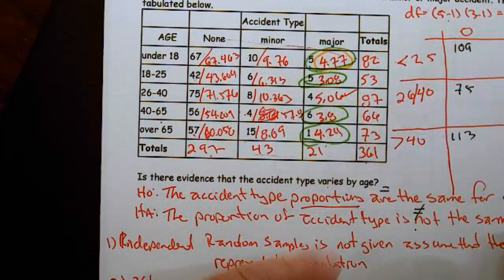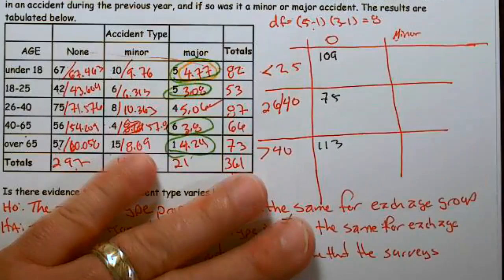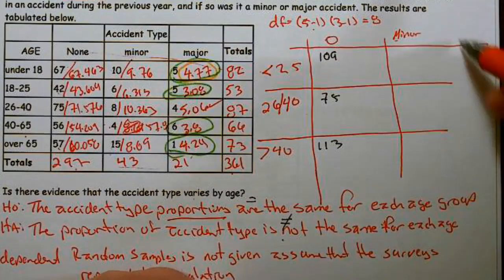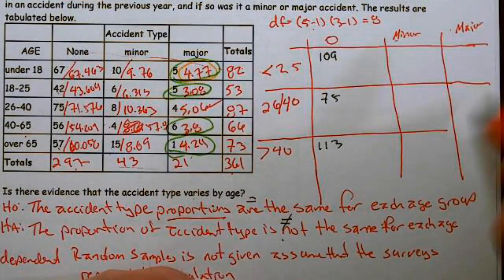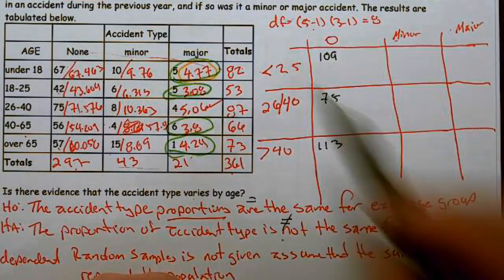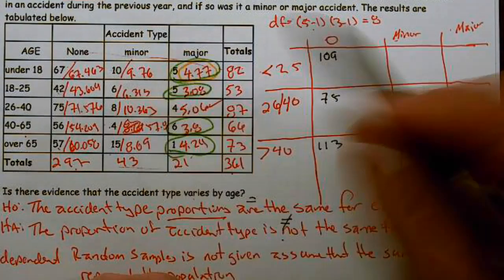And then over here at the very end, I have major. I don't know that I gave myself enough room, but we'll have to deal with what I have. So there we have major. Make 0 way too big. So we combine 10 plus 6, 16.